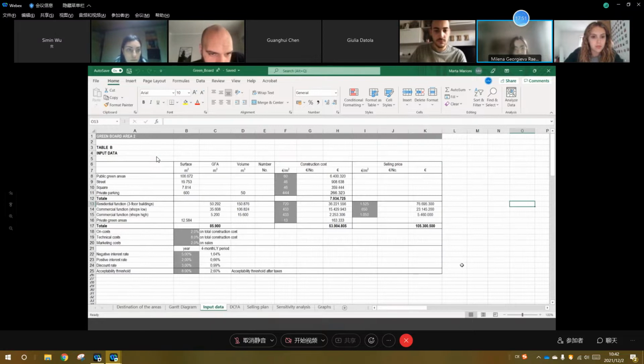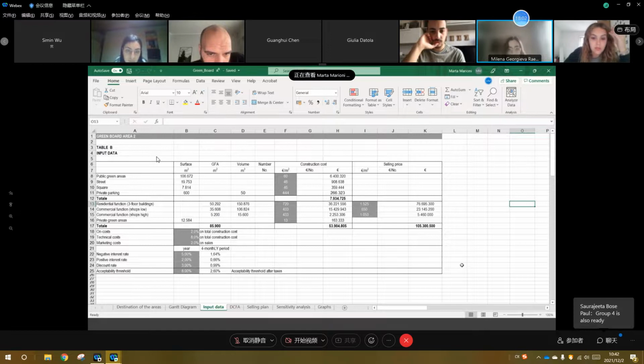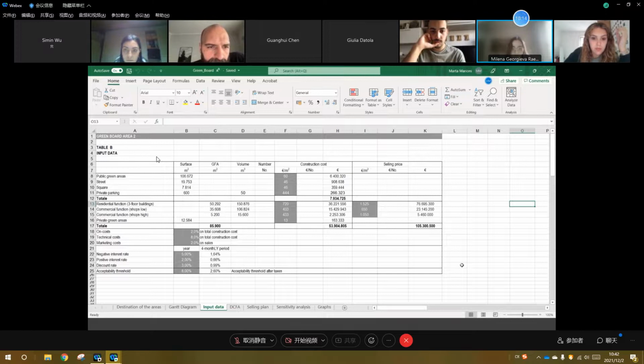Here, from last time, what we changed is that in the residential functions, where we have the selling price, we used the minimum, but now we wrote the average. So we corrected that part. Everything else is again from selling prices from Agenzia delle Entrate. And we use the low and the high value for the commercial functions. Can I ask a question?